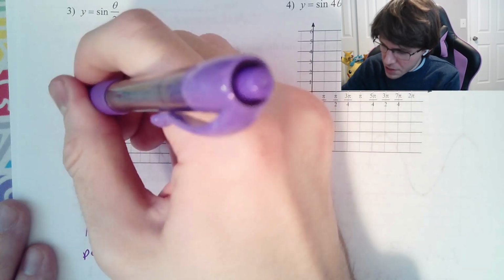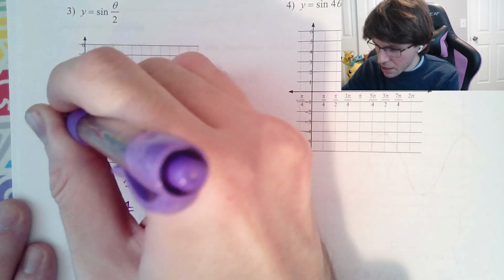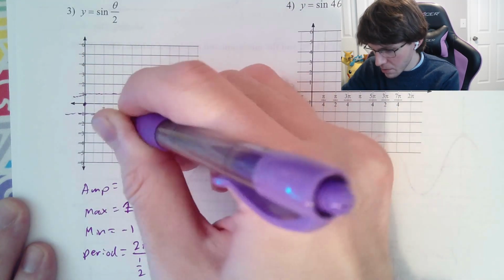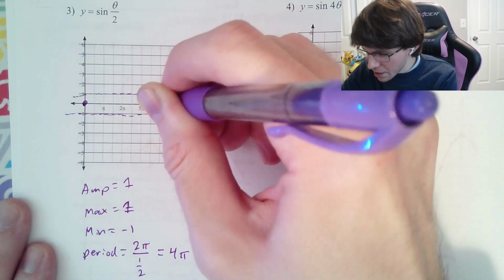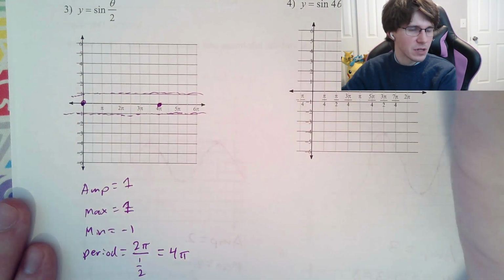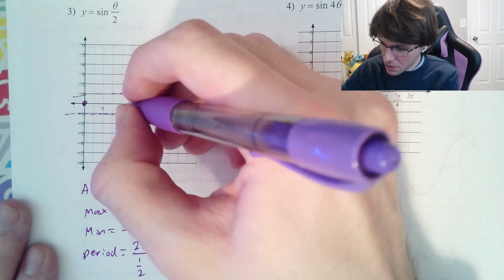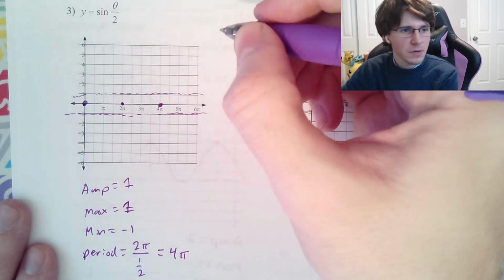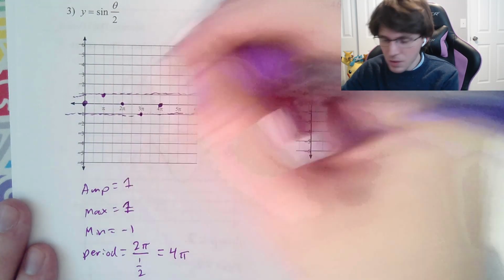So we're starting off at 0. We do have a top value of 1. I'm going to put that dotted line in. We have a bottom value of negative 1. I'm going to put that value in. And we're starting off at 0, but we have a full cycle in 4 pi this time instead of 2 pi. Just like before with sine, the very middle value is going to be back towards that center. But you go up at the start, another half, and then go down afterwards.